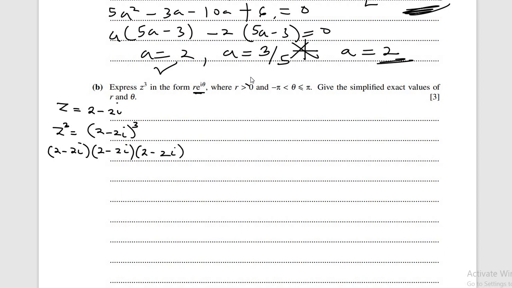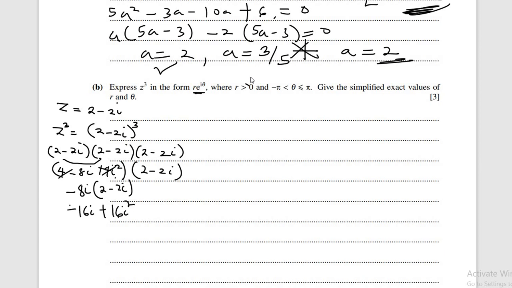If we open the bracket, this gives us 4 minus 8i plus 4i squared, multiplied by 2 minus 2i. And i squared is minus 1, so this and this will go. What is left is minus 8i times 2 minus 2i, which gives us minus 16i plus 16i squared. And i squared is minus 1, so minus 16i minus 16. This is z cubed.